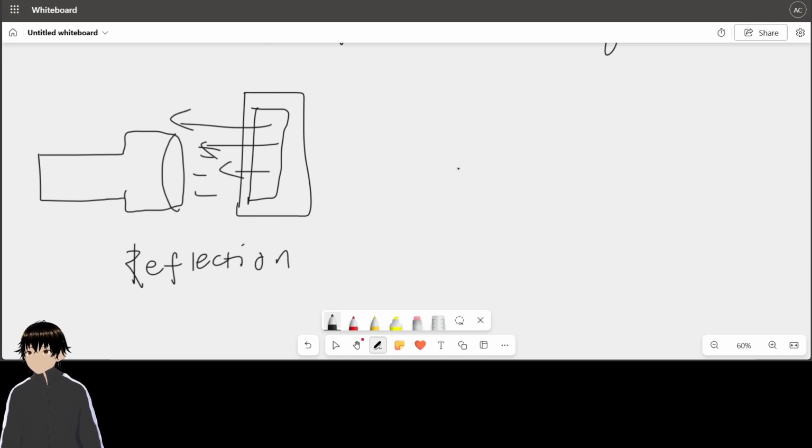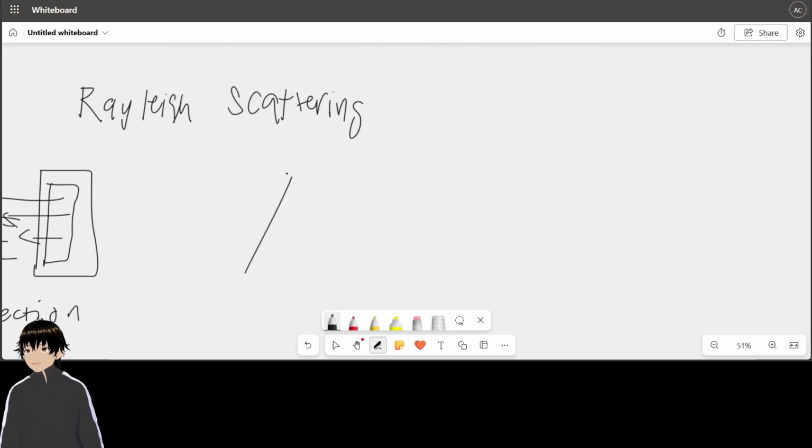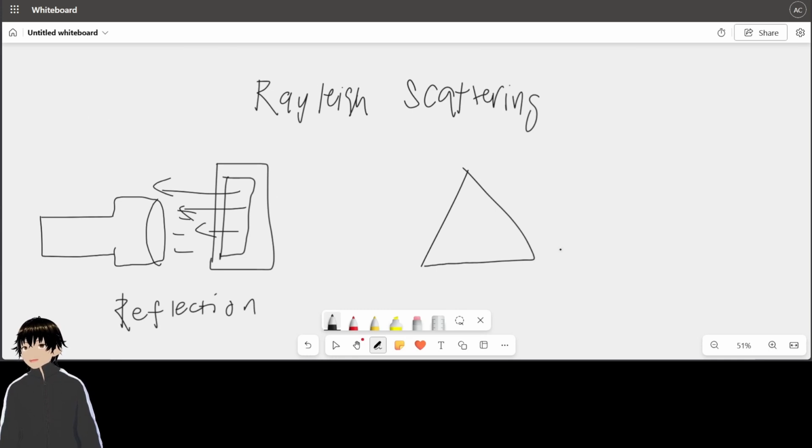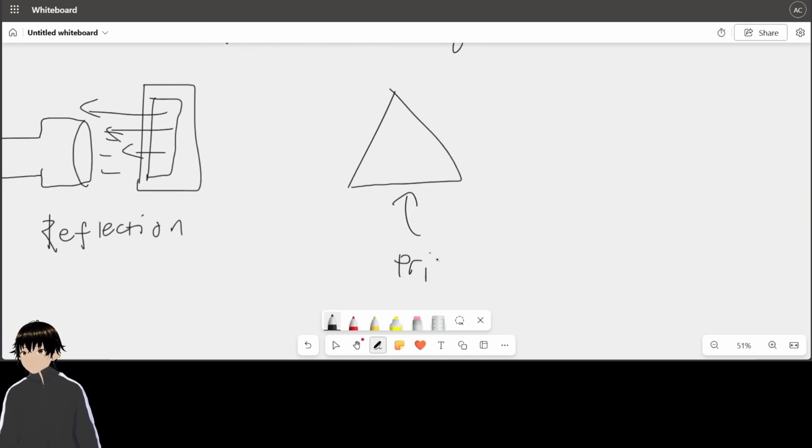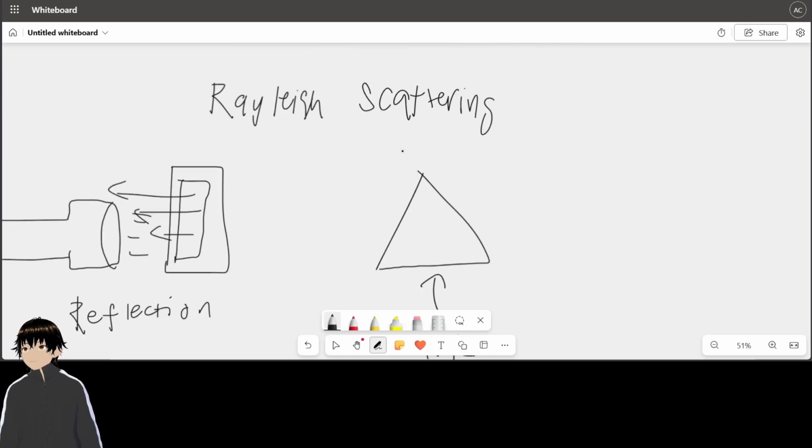Now let's imagine a different type of mirror, which we call a prism. A prism is sort of like a distorted kind of mirror. Well, not really distorted, but a triangular type of mirror.